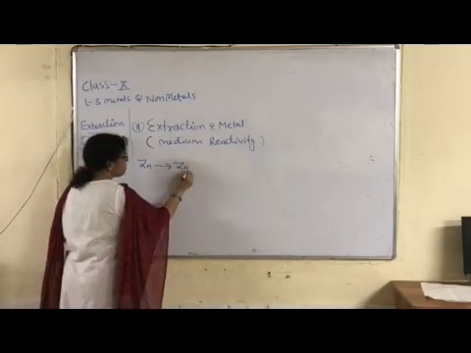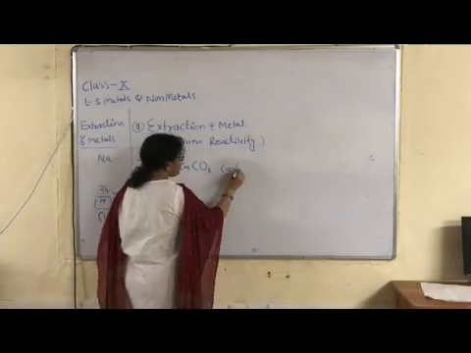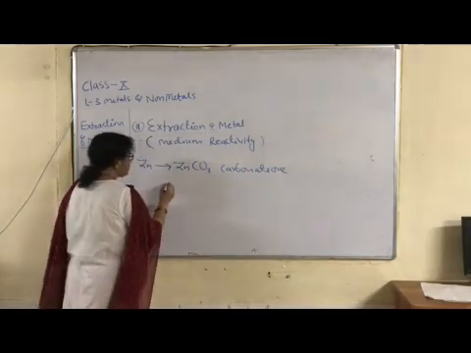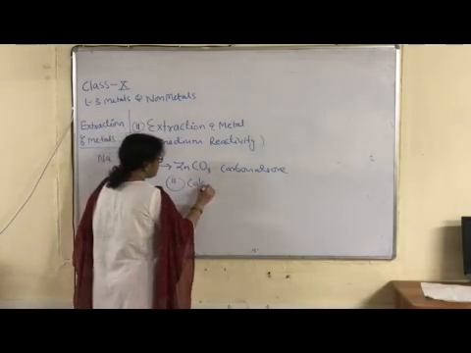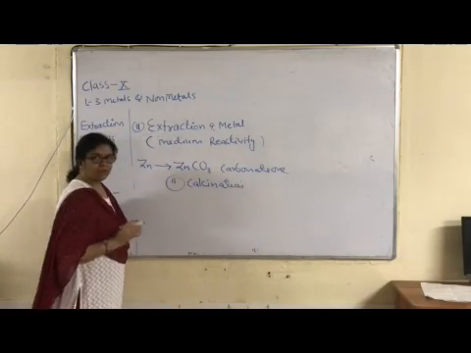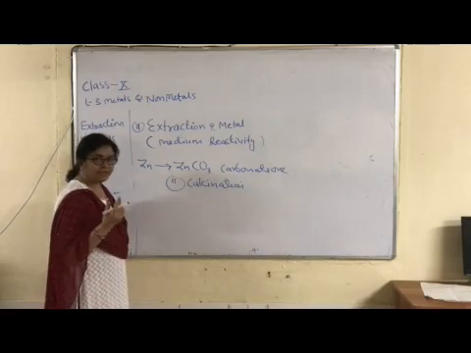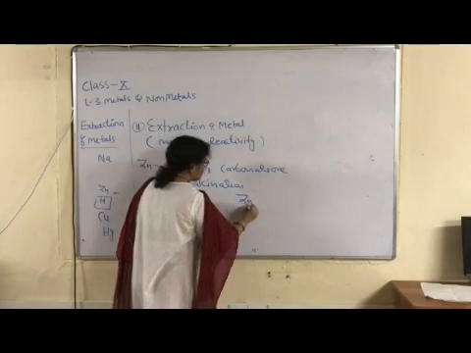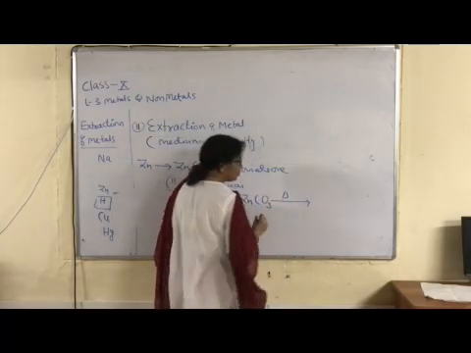If zinc is present in carbonate ore, then after enrichment of the ore, the next step is calcination. Calcination means heating of non-sulfide ore like carbonate ore at high temperature in the presence of a limited supply of oxygen. Limited supply, because O2 is a supporting gas.